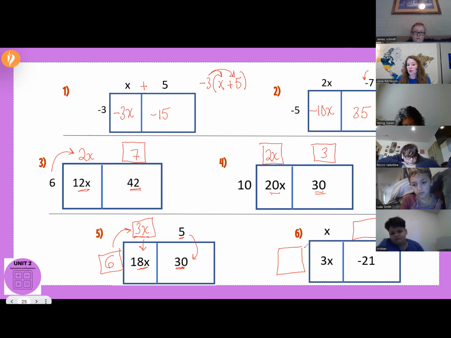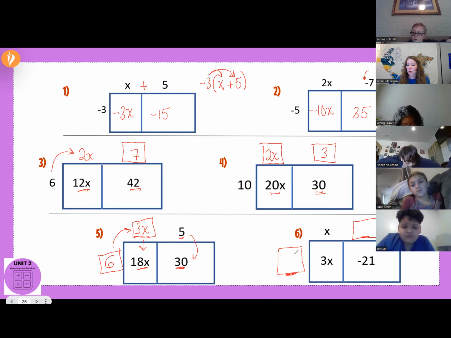All right, who knows what would go in either one of these boxes, here or here? For the bottom one, would it be like 1? So let me ask you a question. Does 1 times x equal 3x? No. So it'd be 3 here.